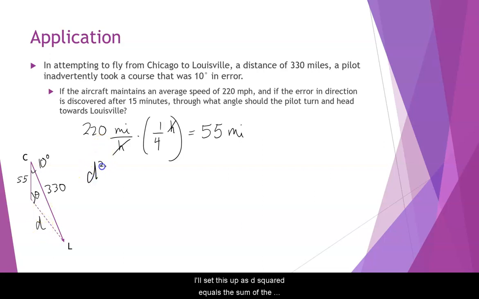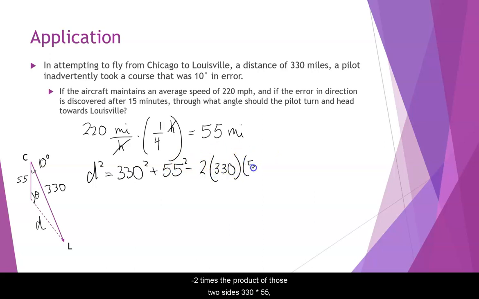I'll set this up as d squared equals the sum of the squares of the other two sides, so 330 squared plus 55 squared, minus 2 times the product of those two sides, 330 times 55, times the cosine of that included angle in the sides that I know. So the included angle, which is also opposite the unknown side, is 10 degrees.